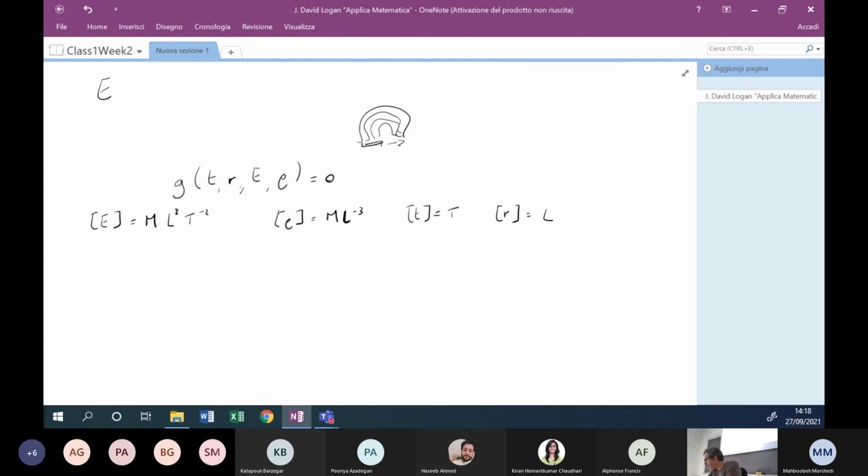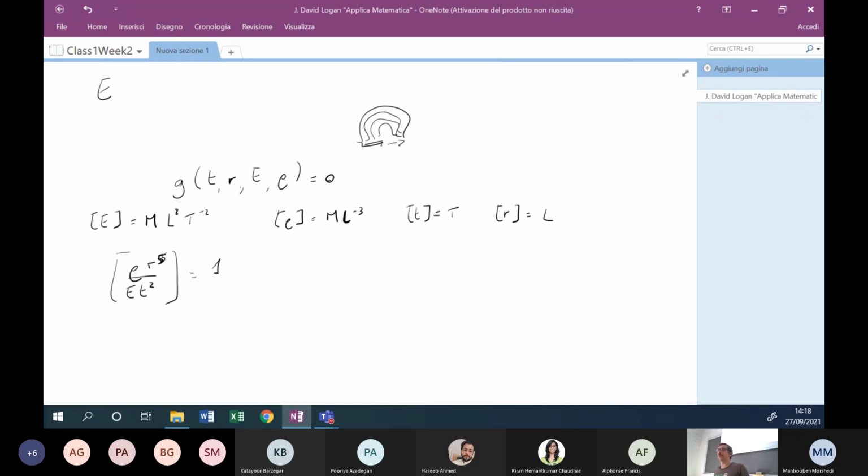What we found is that the combination which is dimensionless is rho times R to the power 5 over E T squared. Okay? The dimension of this thing is dimensionless.